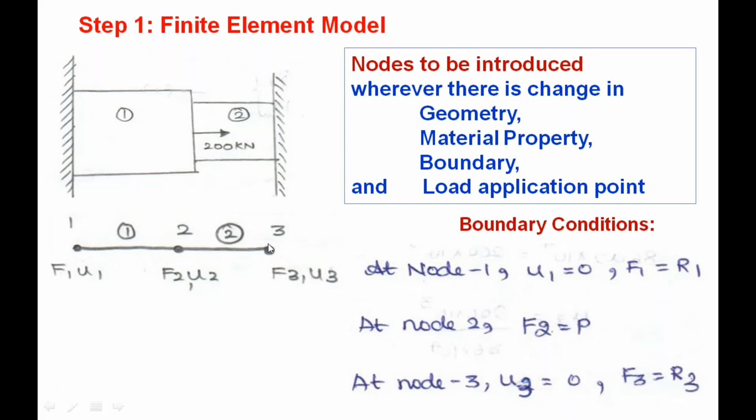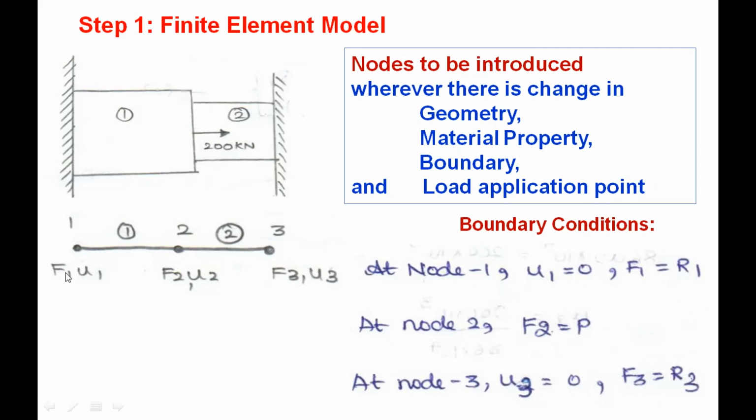After drawing this two element model, element 1 with node 1 and 2, element 2 with node 2 and 3, we have to show the degrees of freedom of each element. At node 1 we have u1, node 2 we have u2 degree of freedom, node 3 u3, that is the degrees of freedom.